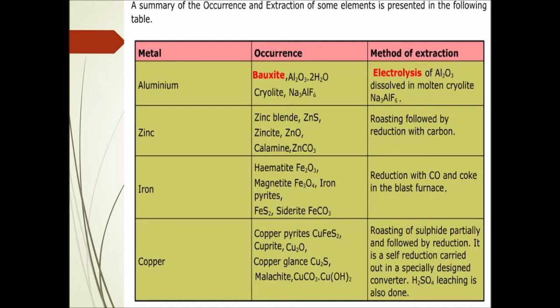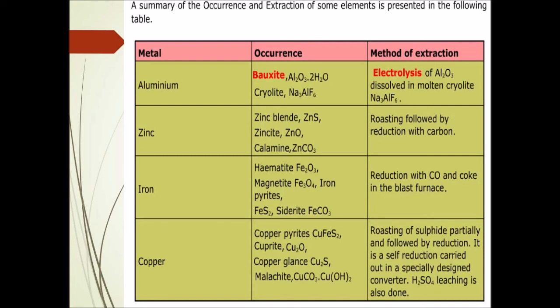In the next video, we will also be studying the purification or refining methods and then study the individual extraction of these metals in detail. We are going to study the extraction of aluminium completely, and zinc, iron and copper in detail, by applying all these methods which you have studied now.